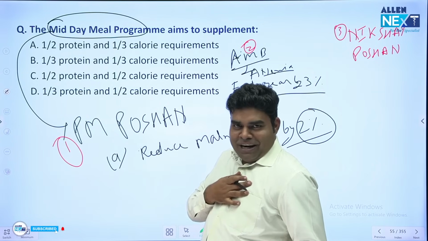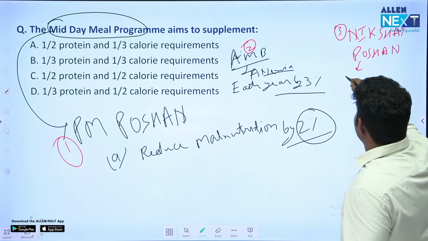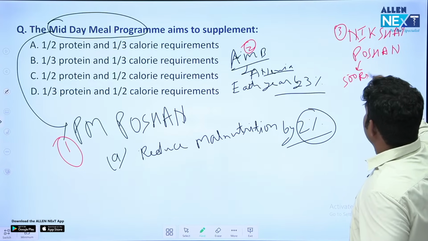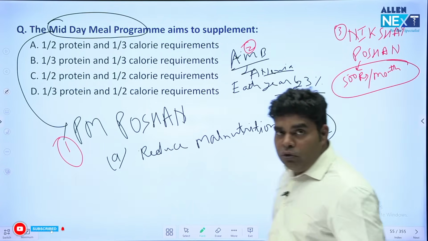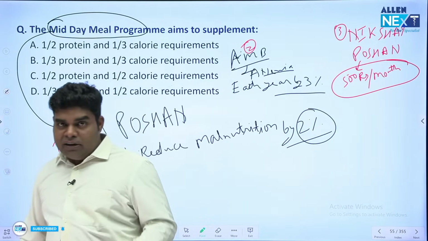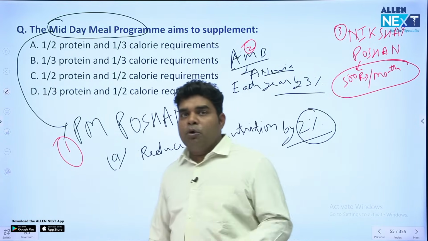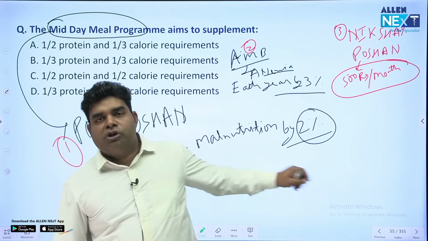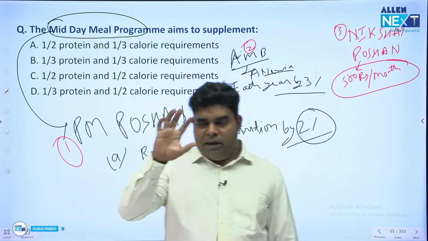So Nikshay means no TB. For no TB, the money which is given is 500 rupees per month. This is the amount for nutritious food to TB patient. Fourth program under it is Anganwadi program. Fifth program under Poshan program is adolescent program. So 5 programs come under Poshan.